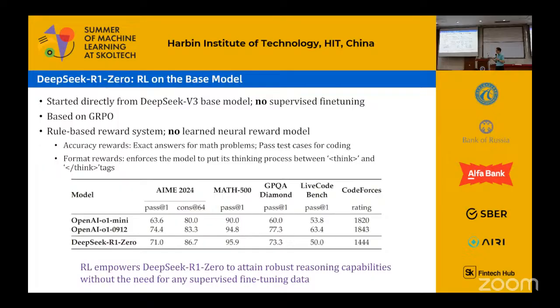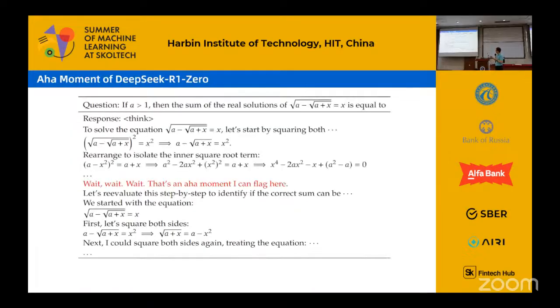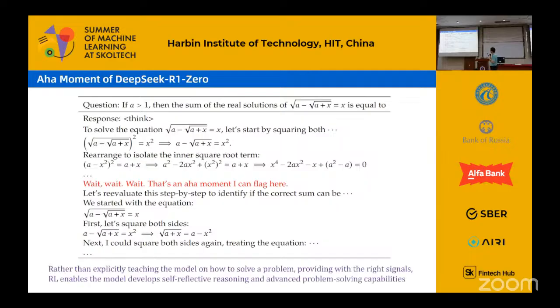There's no reasoning path. But here you can see during the training for DeepSeek R1-Zero this kind of self-reflection. So you can see self-reflection, although advanced problem-solving capability, emerged from the training process through RL, but there's no such training data in the RL training.